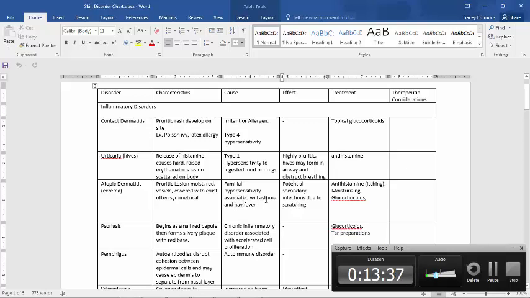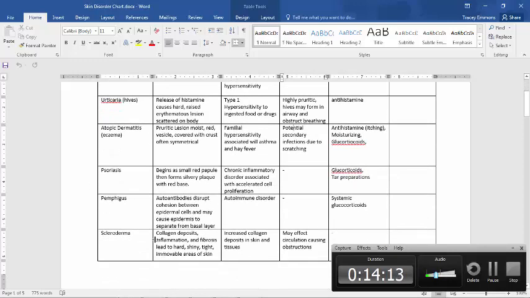So it's passed on. It's often associated with asthma and hay fever, so it's like a trinity: eczema, asthma, and hay fever allergies. One of the biggest problems with it is potential secondary infections due to scratching. The scratching can lead to open sores, and then we can have infections from other opportunistic organisms. For treatment, you can give antihistamines for the itching, moisturize the skin, and also give steroids, glucocorticoids.